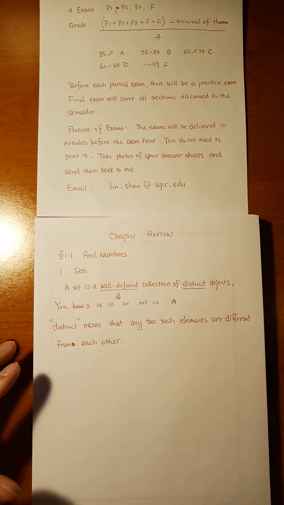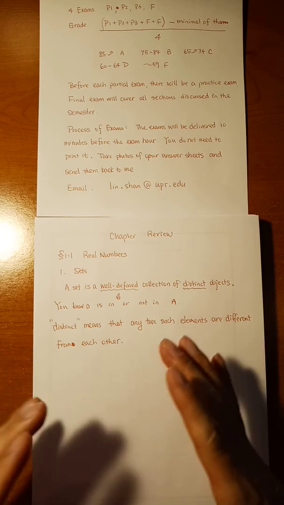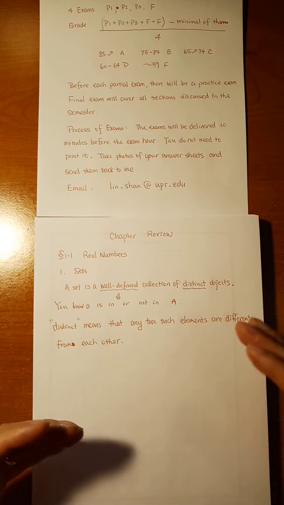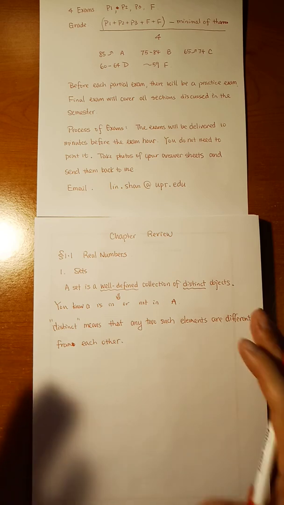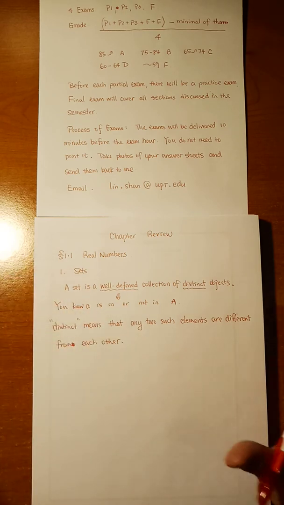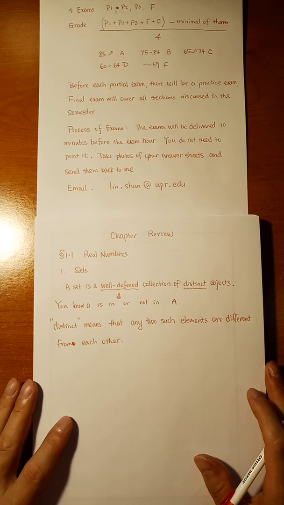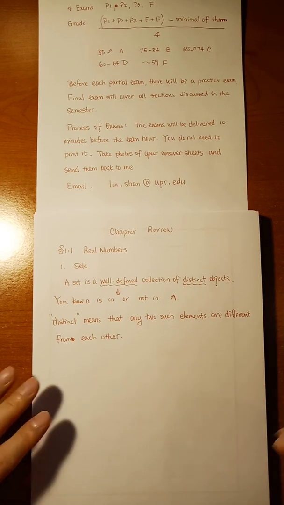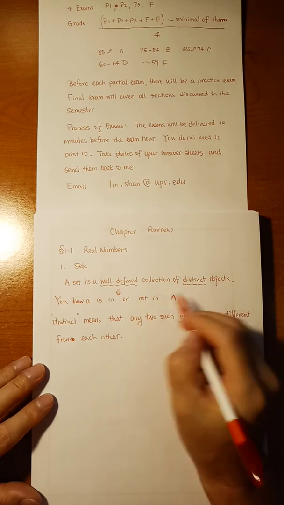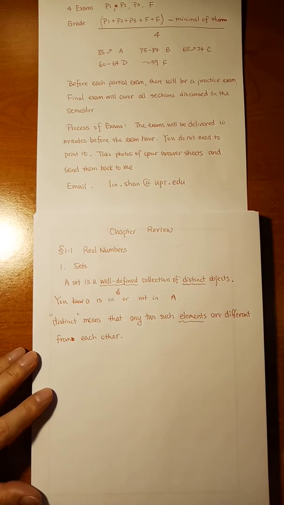So when you have a set, you will not repeat elements. For example, a set does not contain 1, 1, 1, 1. That does not happen. Okay? A set will contain 1, 2, 3, 4. This is possible. All the elements are different. You don't repeat an element. Here, element means an object inside the set.